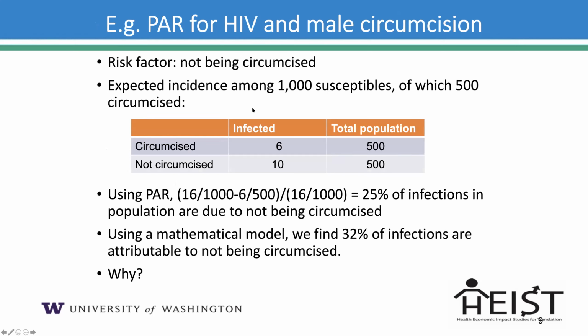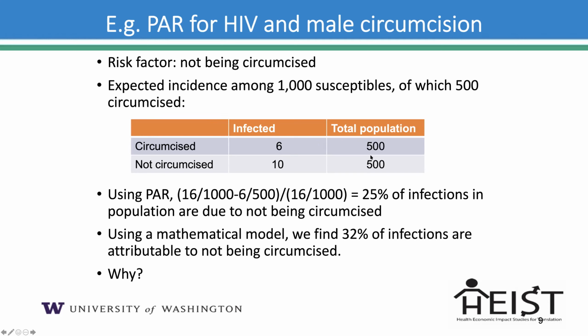And I love that Jim used the example of circumcision. So here we can see it again. The risk factor here is not being circumcised. And here's the expected incidence among 1,000 susceptible individuals, of which 500 men here are circumcised. And you can see here the difference in the number infected.